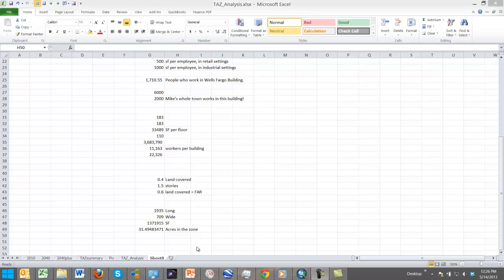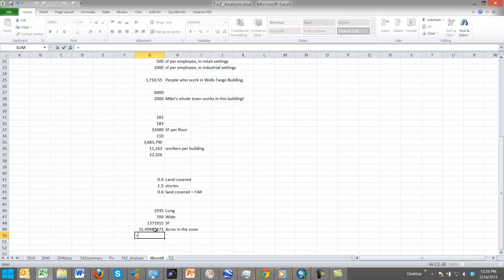So now let's do acres that are covered by rooftop, acres of square footage. That's going to be equal to the acres times what I figured out my floor area ratio was, 0.6. That means I have basically this many acres of floor under a roof.